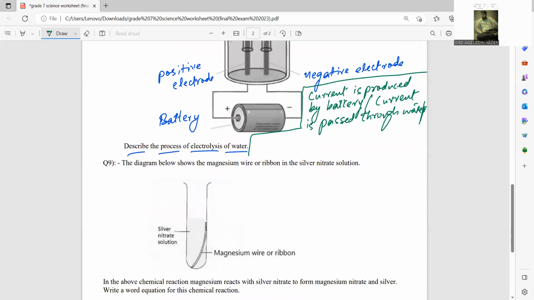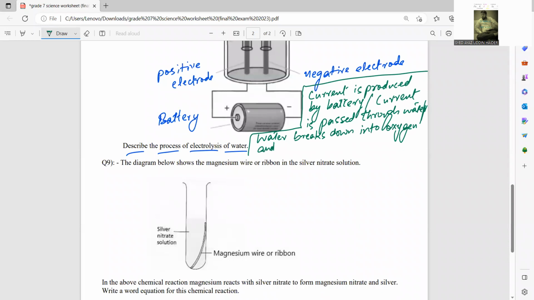Water breaks down into oxygen and hydrogen. Oxygen is produced at positive electrode.